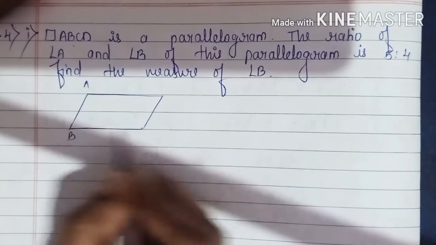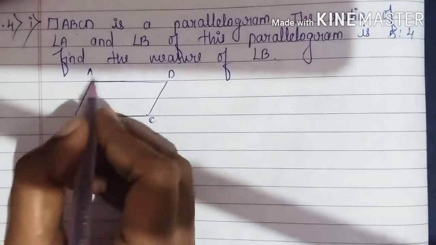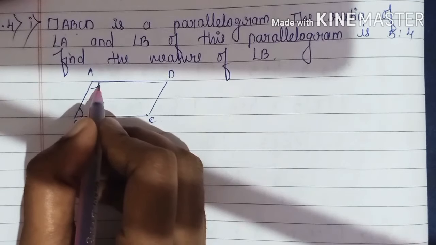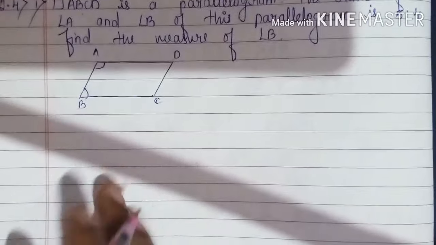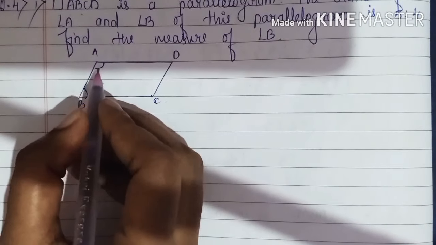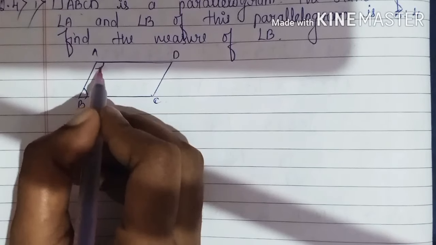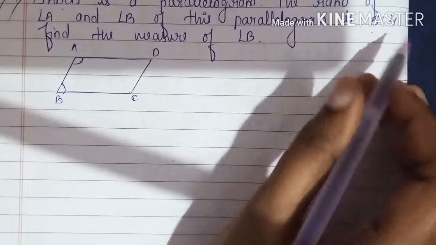A, B, C, D. So the adjacent angles of this parallelogram are given in the ratio 5:4. So first of all, we will consider that the measures of angle A and angle B are 5x and 4x.